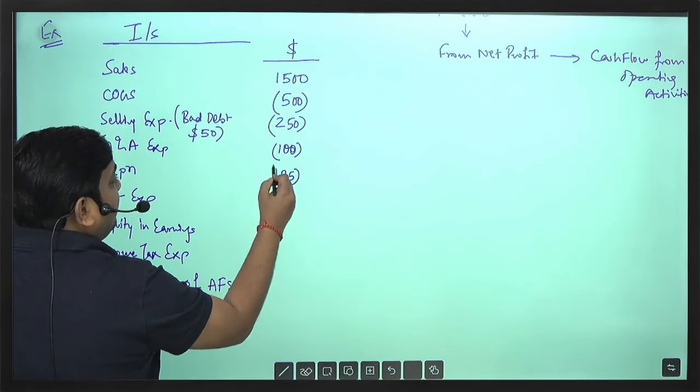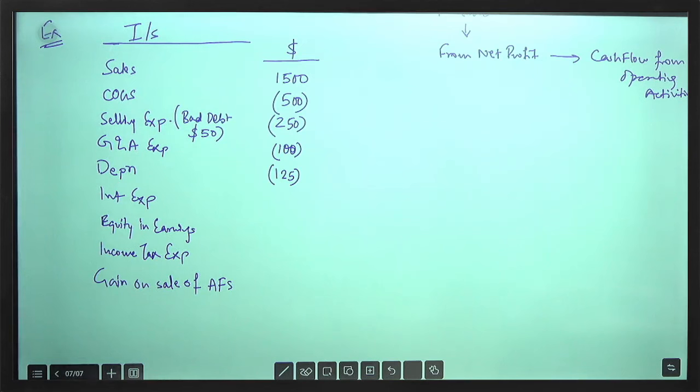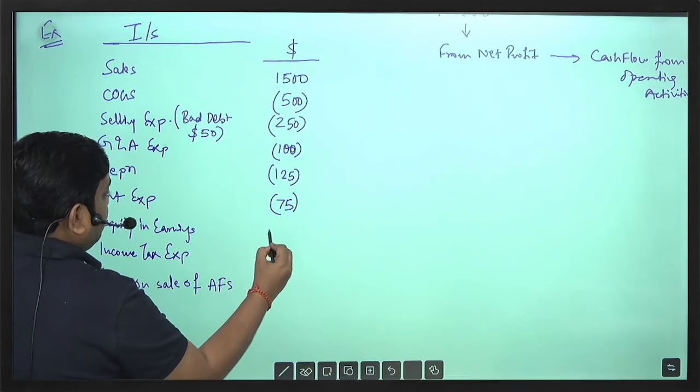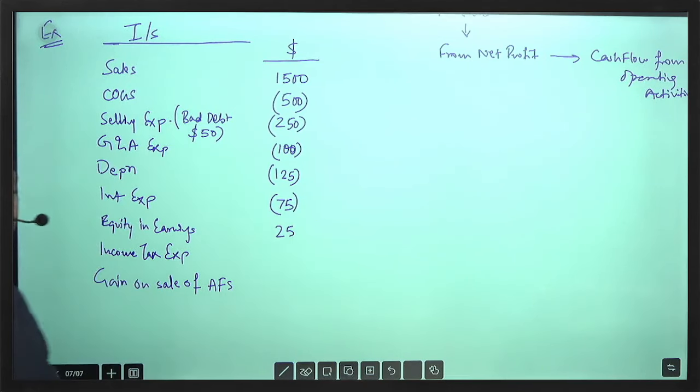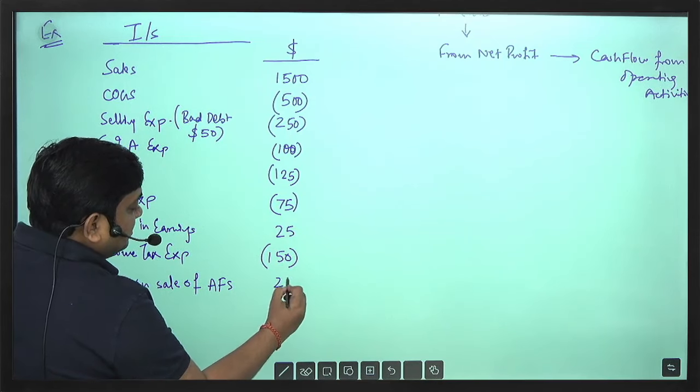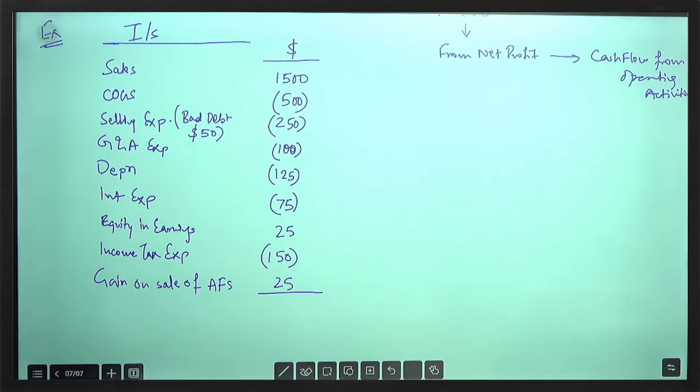Depreciation we have 125. Interest expense we have 75. Equity earnings we have 25. Income tax expense is 150. This is 25. So now we get income from continuing operations.